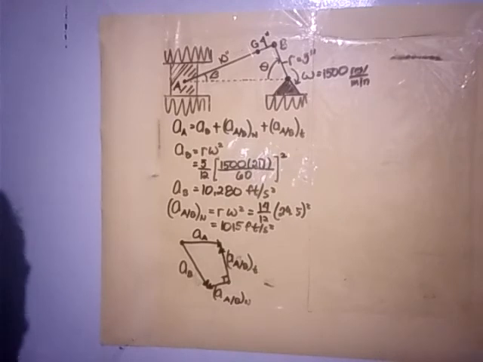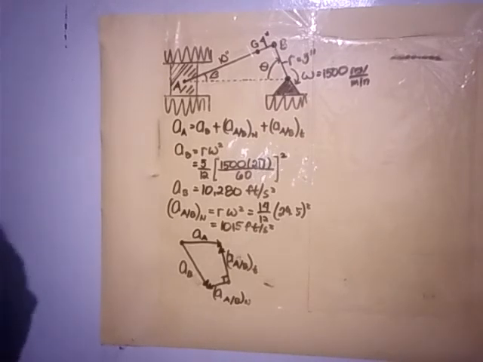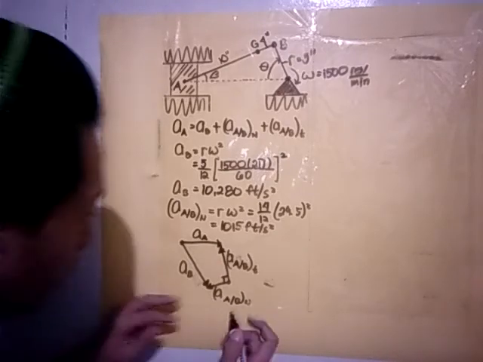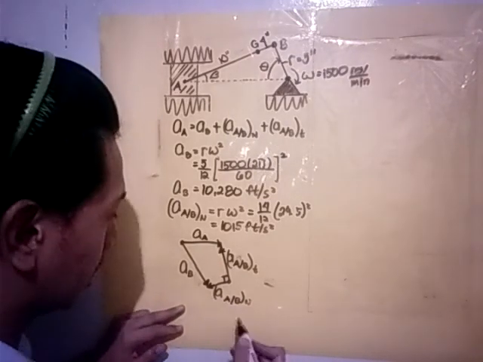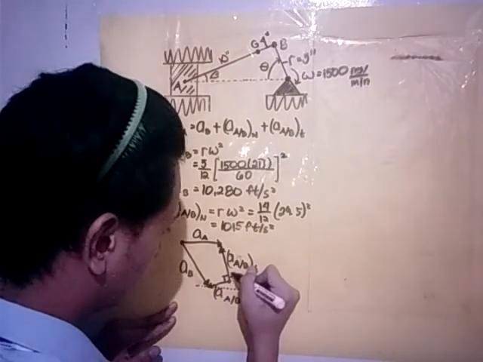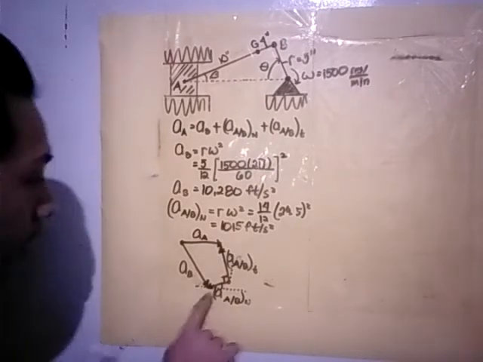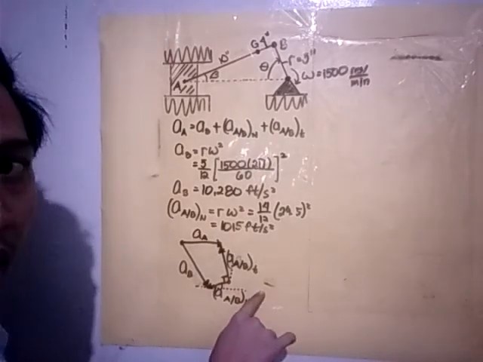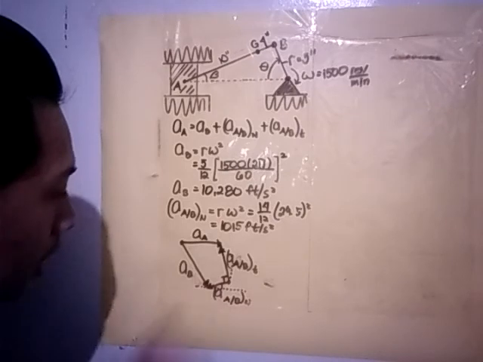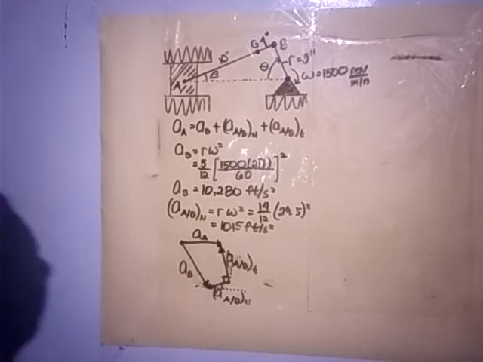So, next, we will now calculate for the A, but first, we will calculate the angle here that makes the angle from the horizontal to our acceleration A to B, normal, A to B relative normal.